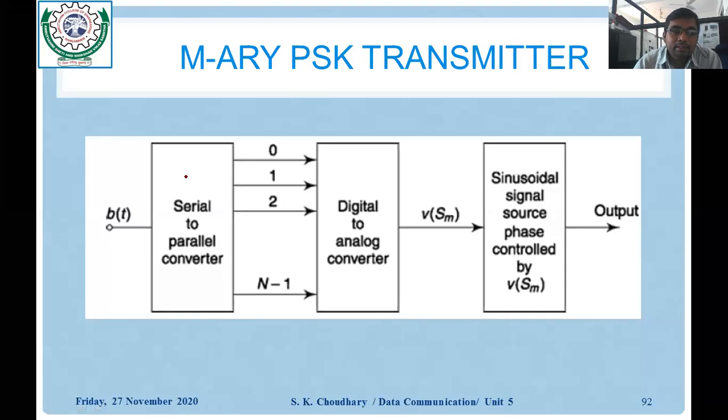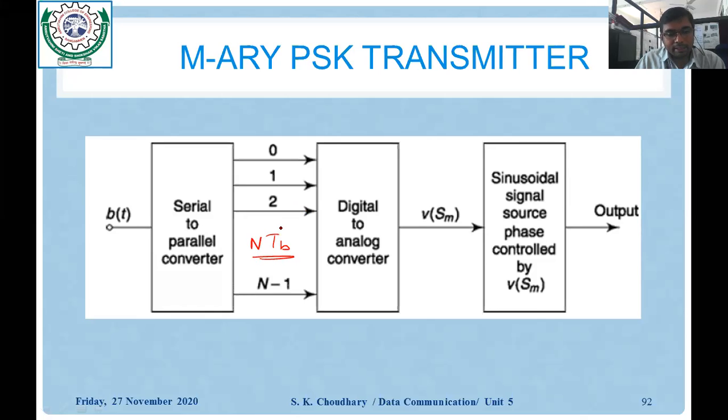You can see this serial input of n bits is presented to the digital to analog converter in parallel by n separate lines, 0 to n minus 1. This converter output remains unchanged for the duration of n TB, that is the symbol duration, TS.